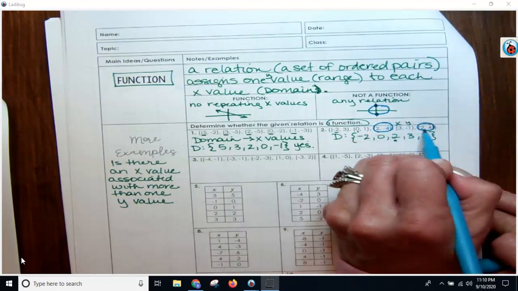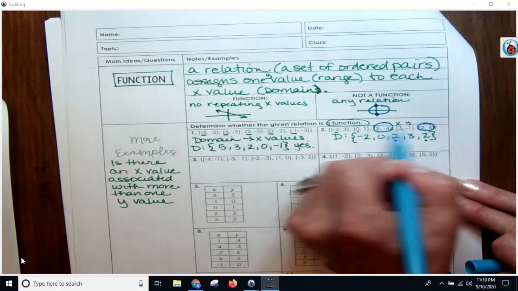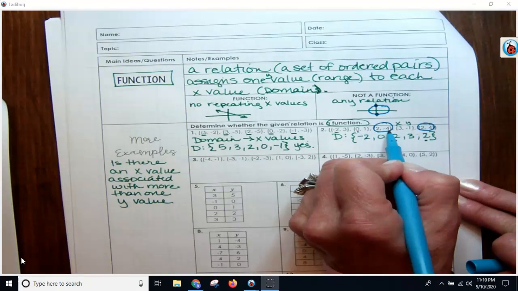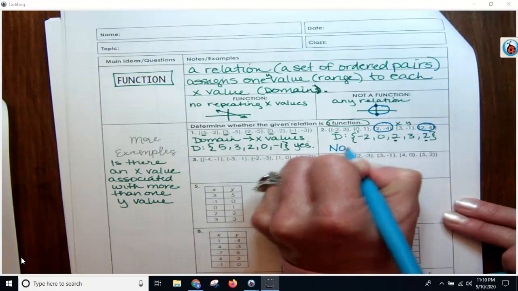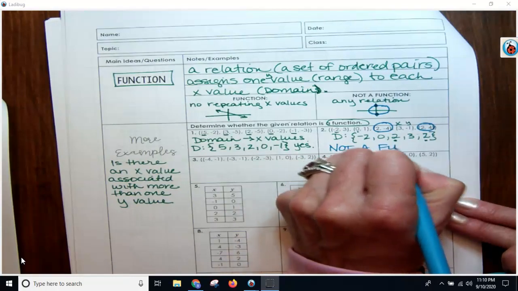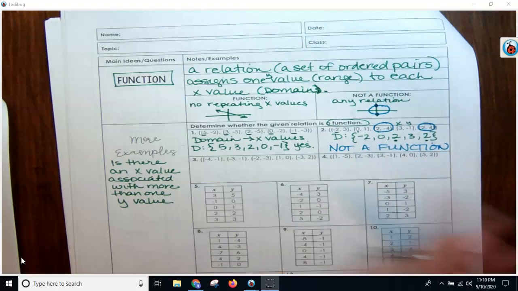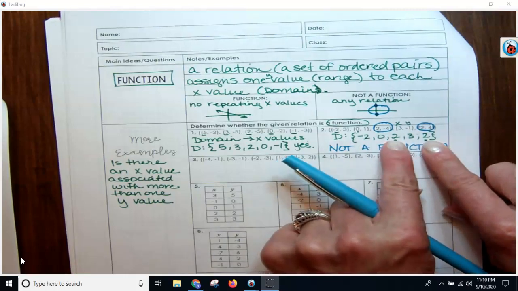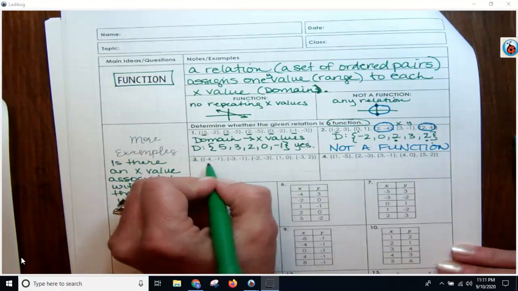This 2 is associated with the y value of +4. So I have the domain of 2 associated with both -4 and +4. This is not going to be a function, because I have a repeating x value of 2. That's what you're looking for. Is the x value in this relation more than once? If the answer is yes, then it is not a function.